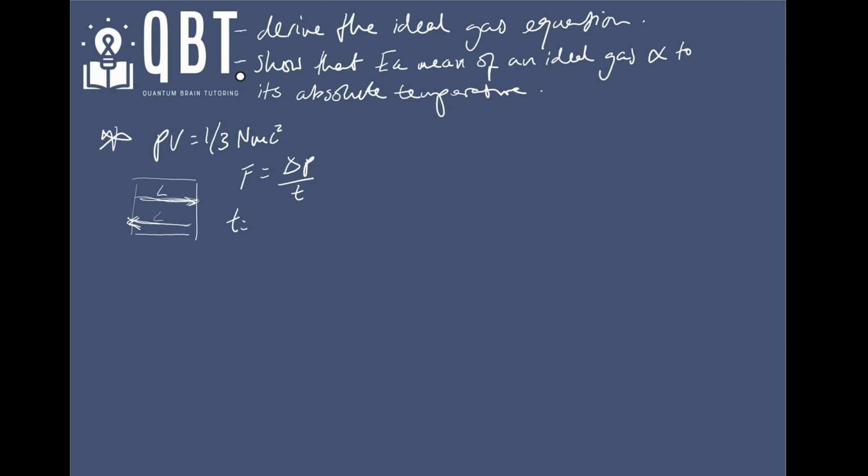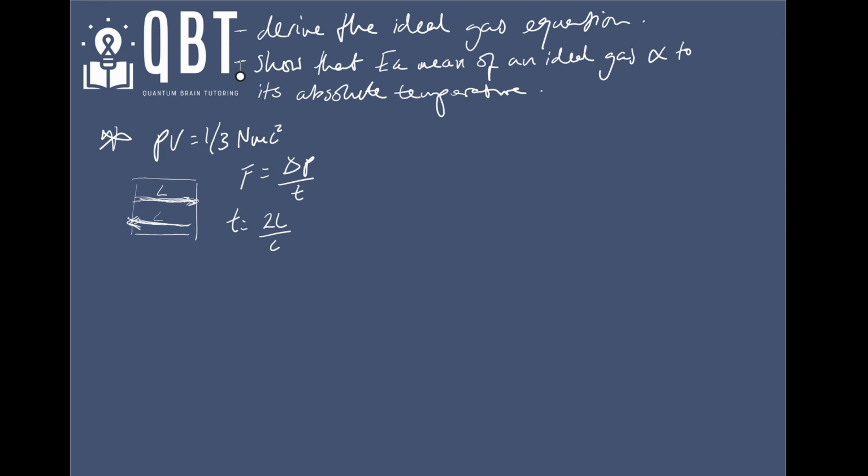So we can say that time is equal to 2L divided by c. It's 2L because we've got one collision here, and then another collision here on the way back. So that's that part.